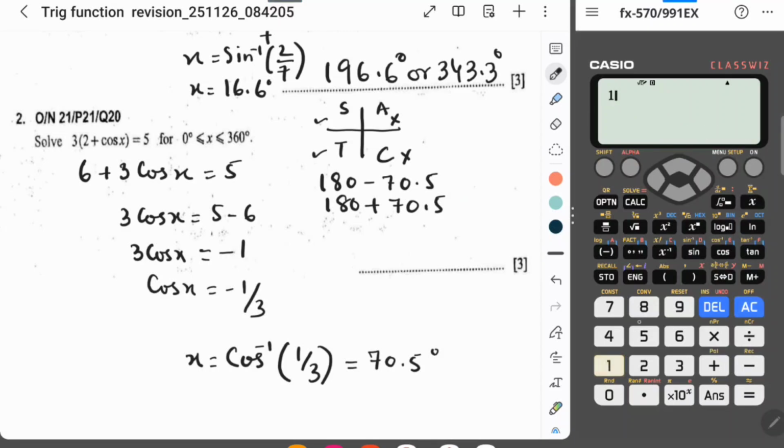Alright, so you just find out how much is 180 minus 70.5, which is equal to 109.5, or 180 plus 70.5, which is equal to 250.5 degrees.